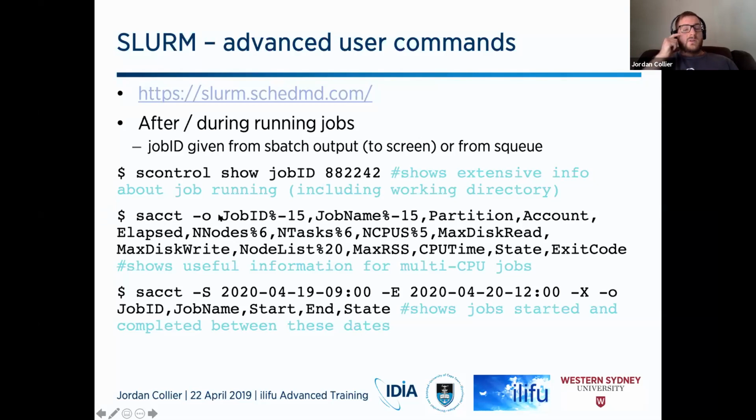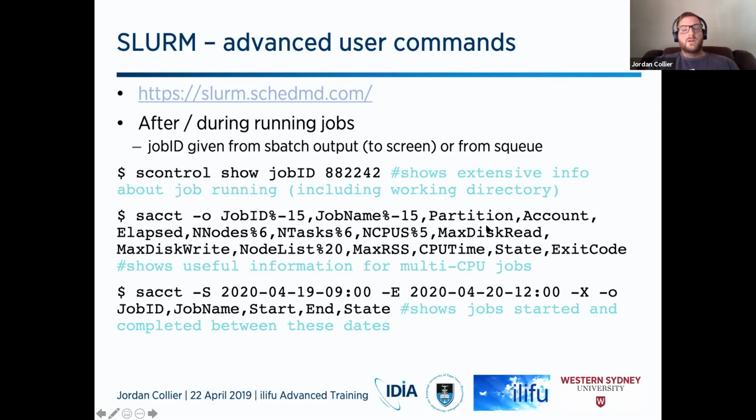And so in this case, I want to see the job ID, and this %-15 just means show 15 characters of that, the job name, the partition account, how much time has elapsed with that job, if any, the number of nodes, tasks, and CPUs that I'm using, and this I'll explain toward the end. It's essentially ways to run jobs over multiple CPUs or tasks or even nodes. And so if you're running such a job, you can see the number of nodes, tasks, and CPUs that you're using.